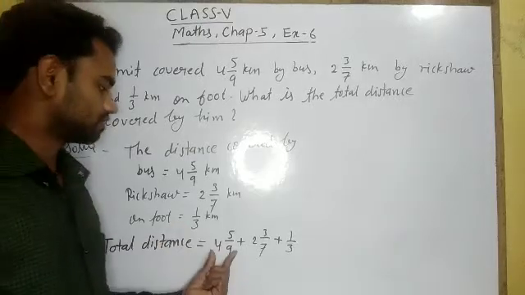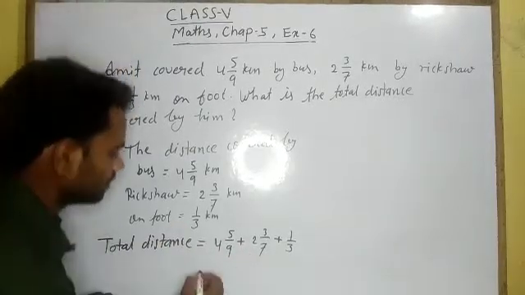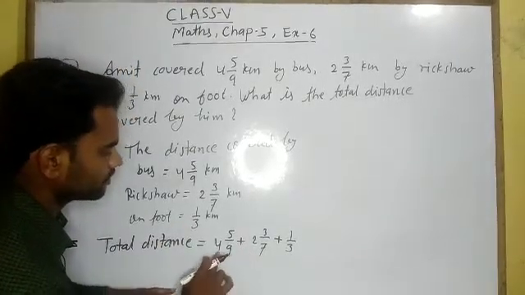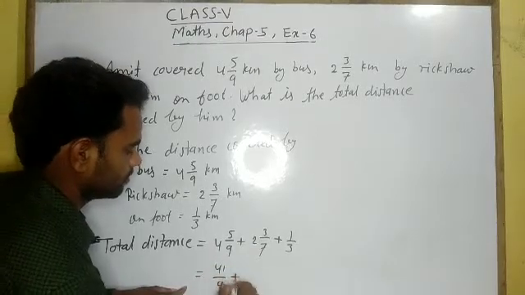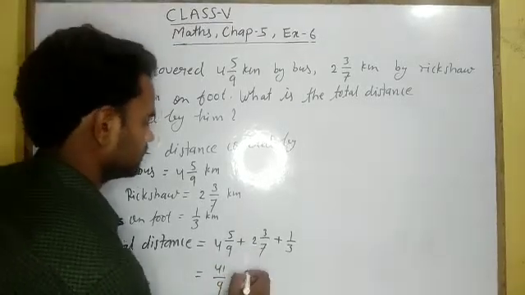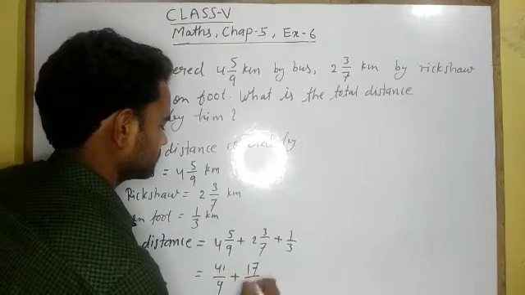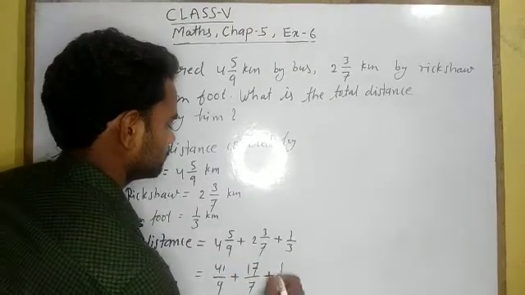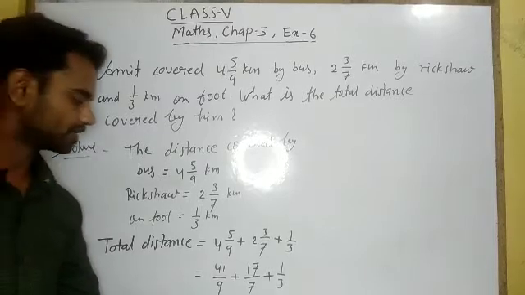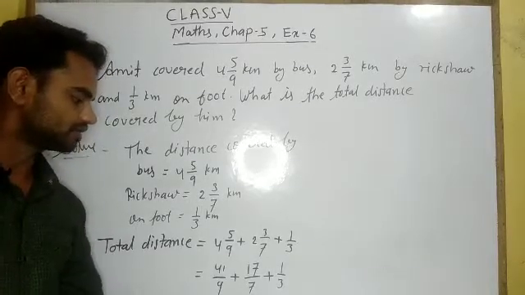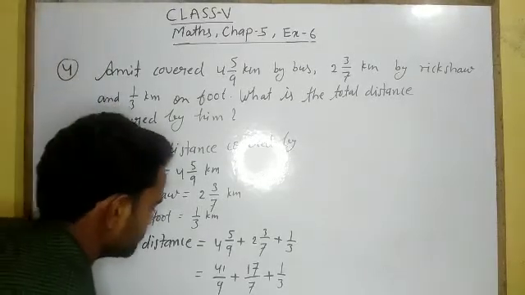First of all, convert these mixed fractions into improper fractions. 9 times 4 is 36 and 5 is 41 upon 9, plus 7 times 2 is 14 and 3 is 17 upon 7, plus 1 upon 3. First of all, we will take the LCM of the denominators. 7 times 9 is 63, which will be the LCM.